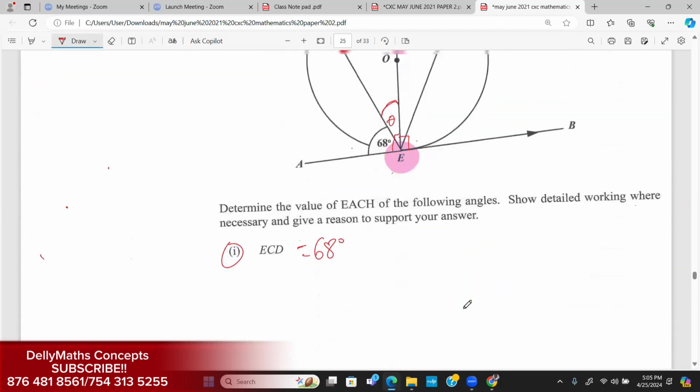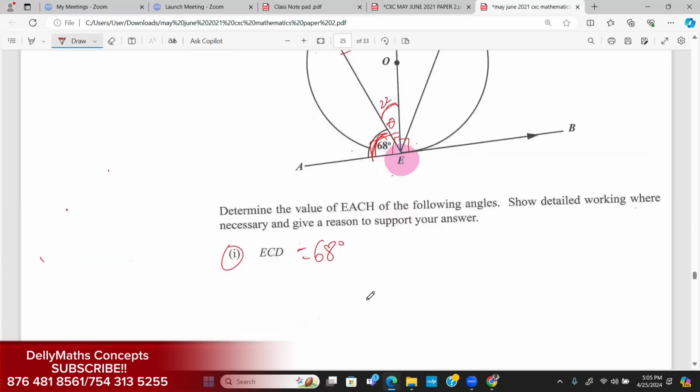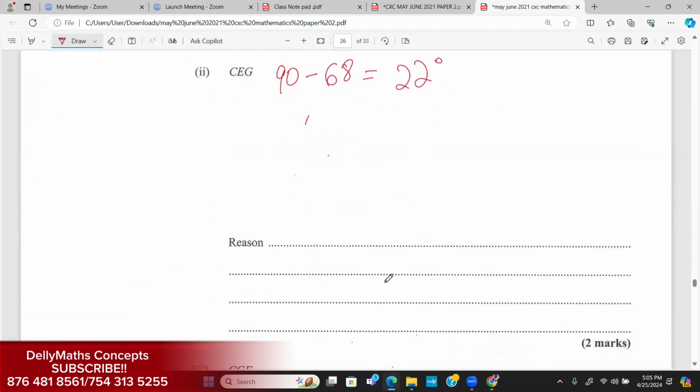So let's take a look at it again. The entire angle here is 90. We got 68 out of it, so the remaining piece is 22. So what's the reason?